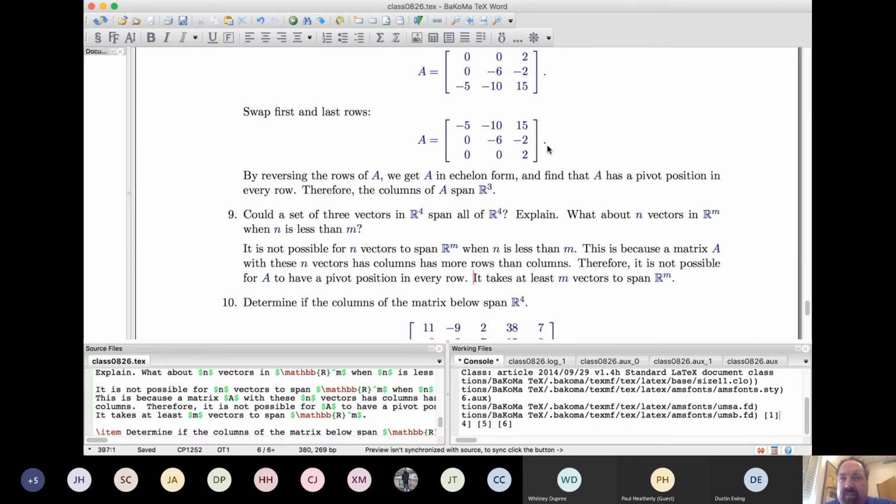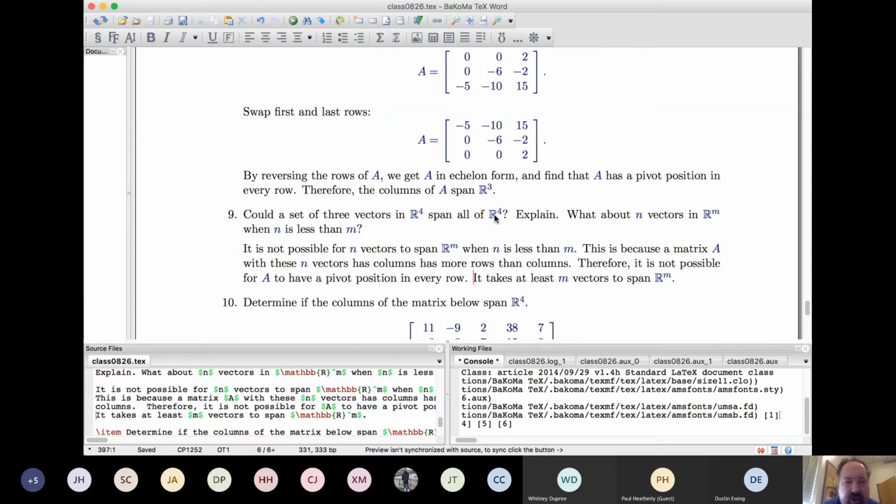You might have even fewer, depending on the matrix. So if you don't have enough vectors for your space, it's not going to span. You have to have at least 4 vectors to span R4. And as we've seen, even if you do have 4, it might not do it.